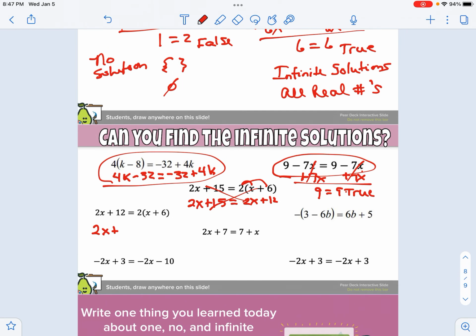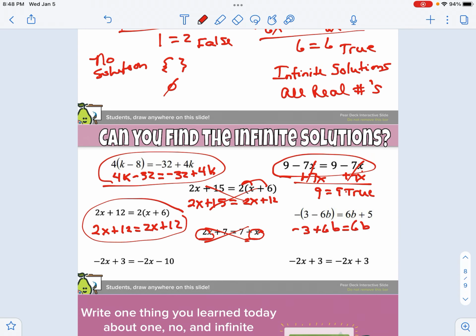So you can try a couple of these and come back and check them, and I'll tell you which one the answers are. This is another one that's an infinite solution. This one is not, because the x and the 2x are not the same. You could get one or none for the solution. I don't know right offhand without checking it.